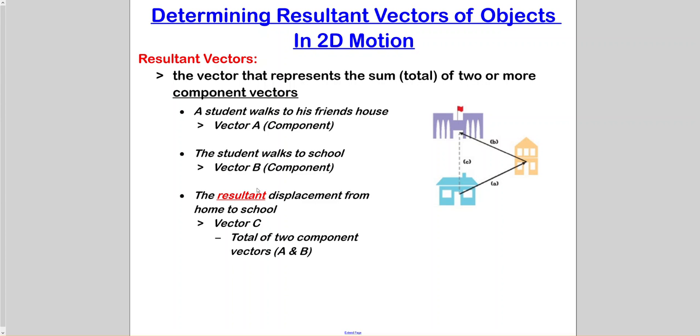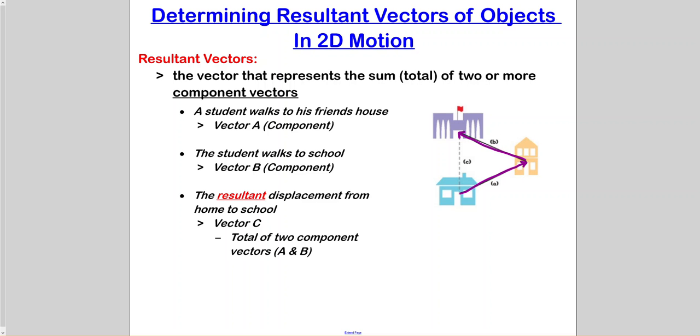We recently talked about this. I just want to bring one more term back, and that is the resultant vector. The resultant vector is the vector that is the sum or total of two or more component vectors. Components are the parts that make up the resultant. So in this picture here, vector A, from home to your friend's house, is the first component, and from your friend's house to school is, let's see, these are displacements, the second component.